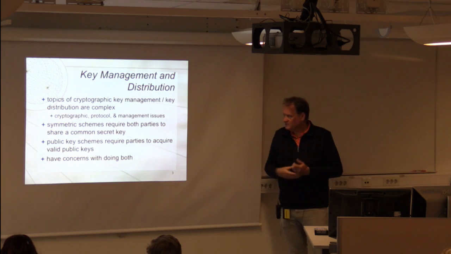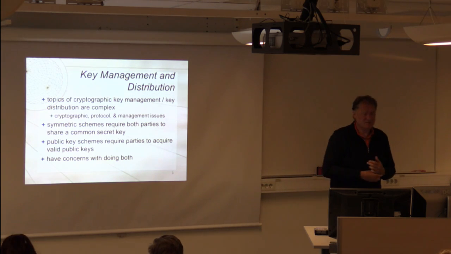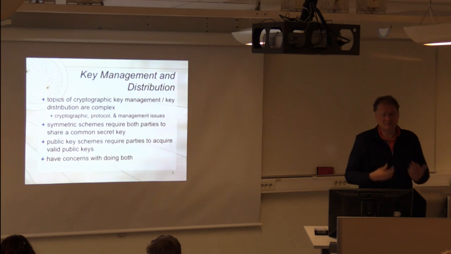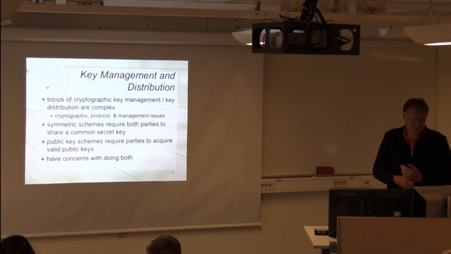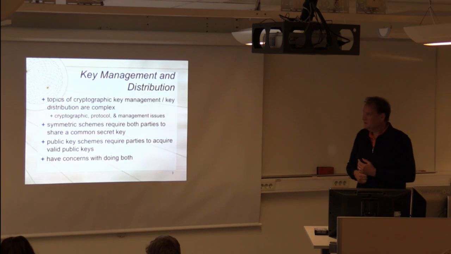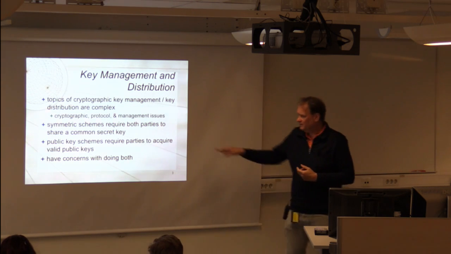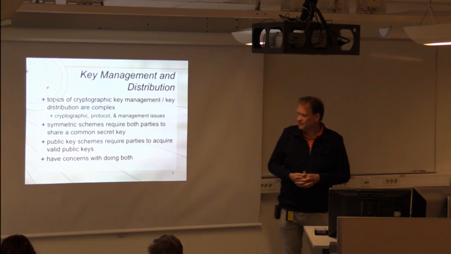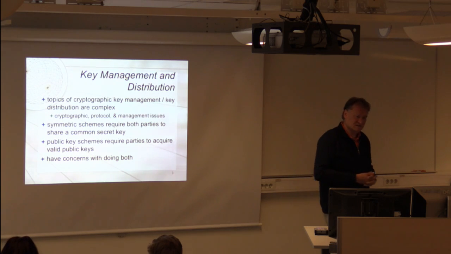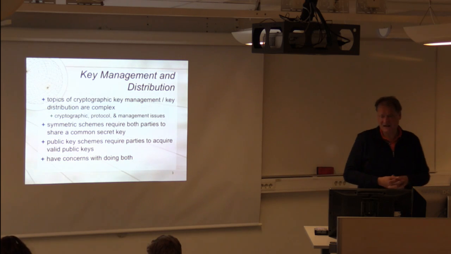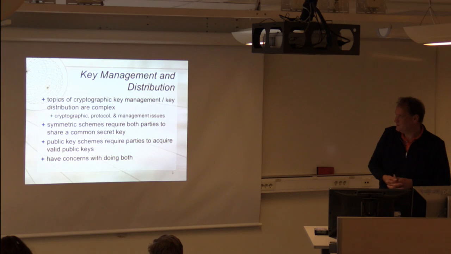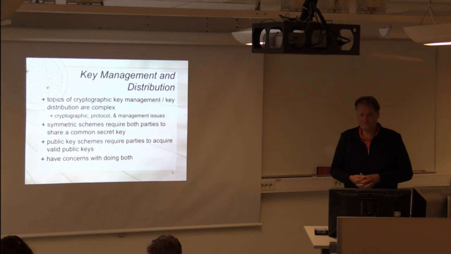For symmetric, both parties need to share this common secret and somehow handle that distribution. For public encryption, it's easy to distribute the keys, but we still need to have some trust in the keys.